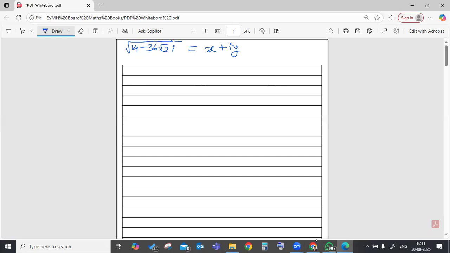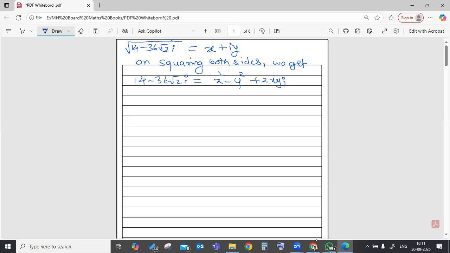As usual, we proceed on squaring both sides. On squaring both of the sides, we get 14 minus 36 root 2i equals x square minus y square plus 2xyi.